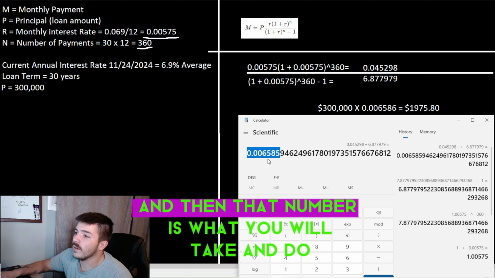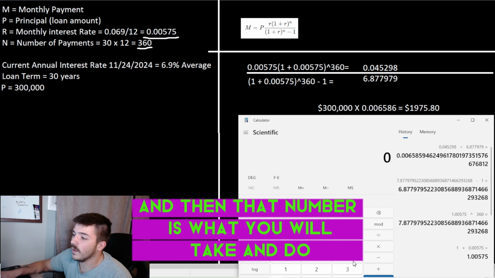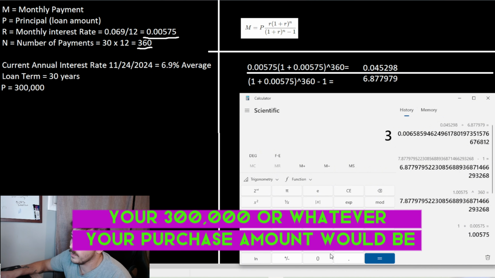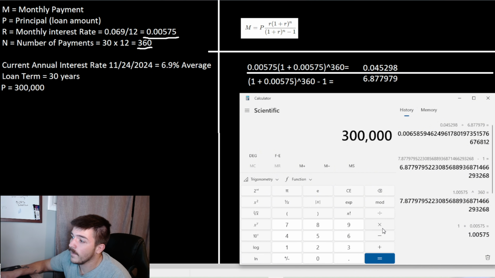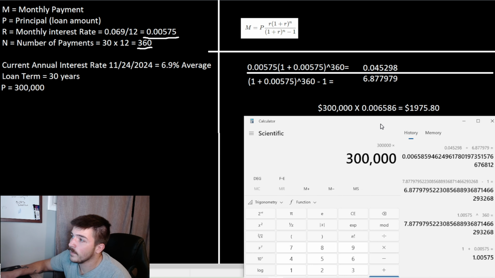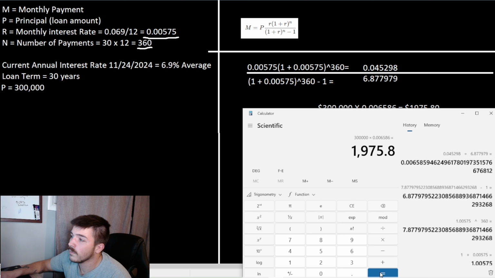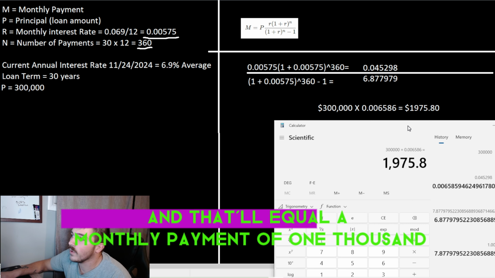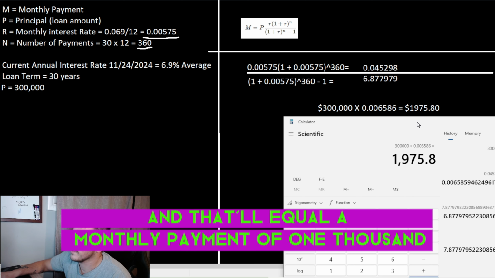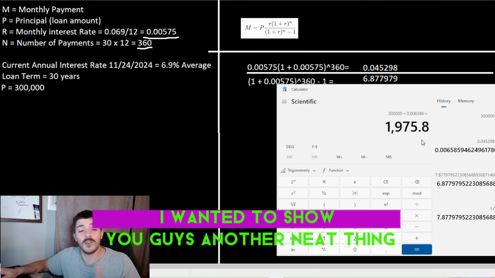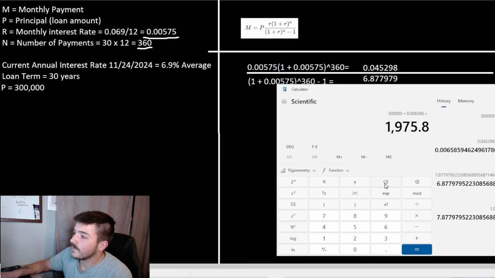And then that number is what you will take and multiply by your 300,000 or whatever your purchase amount would be. And that'll equal a monthly payment of $1,975.80.